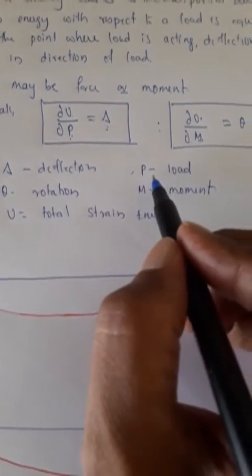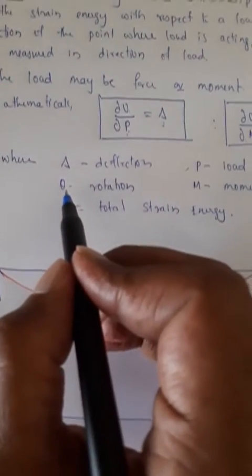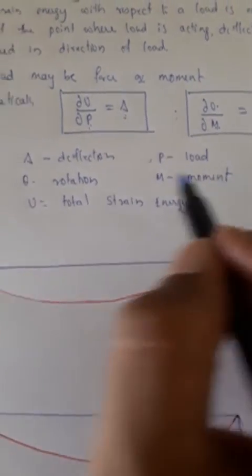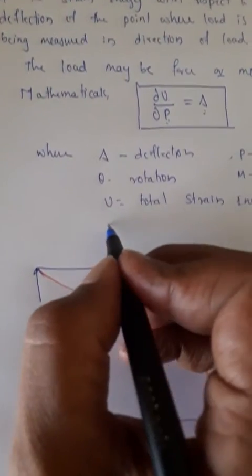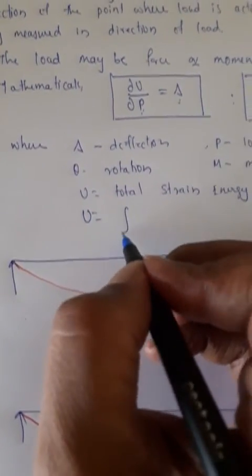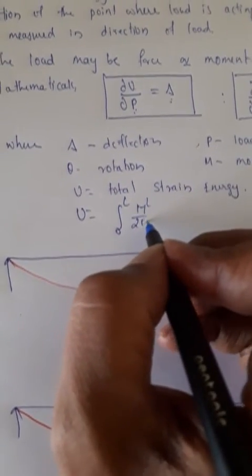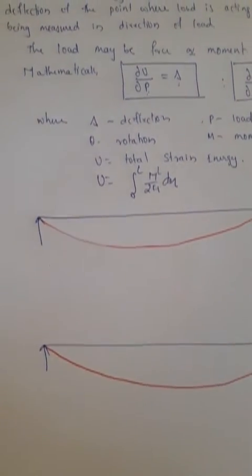P is the point load or axial load applied, theta is rotation, M is the moment, and U is the total strain energy, given by the integral from 0 to L of M squared by 2EI dx. This is from strain energy methods.